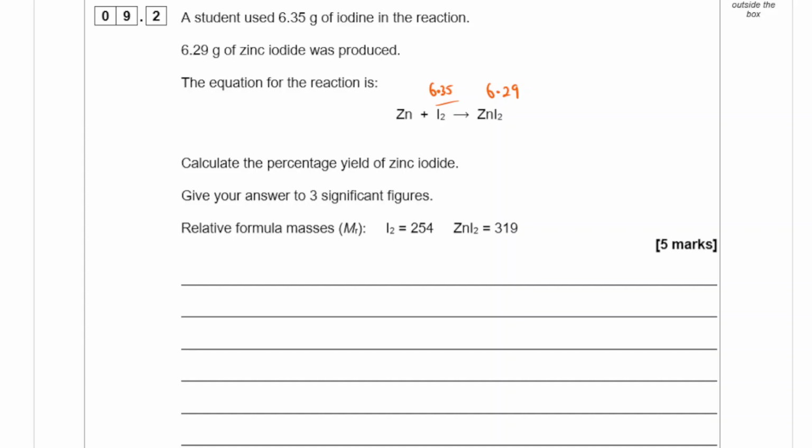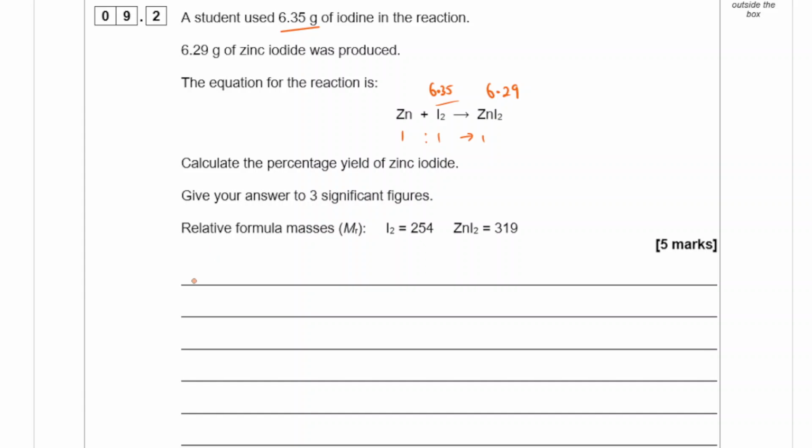So if we are using 6.35 grams of iodine, according to mole ratio, 1 mole is reacting with 1 mole to produce 1 mole. So I can work out the number of moles of iodine that is actually being used.